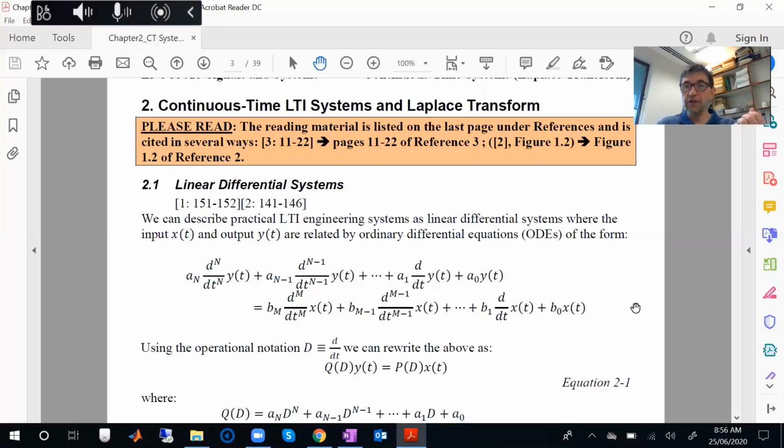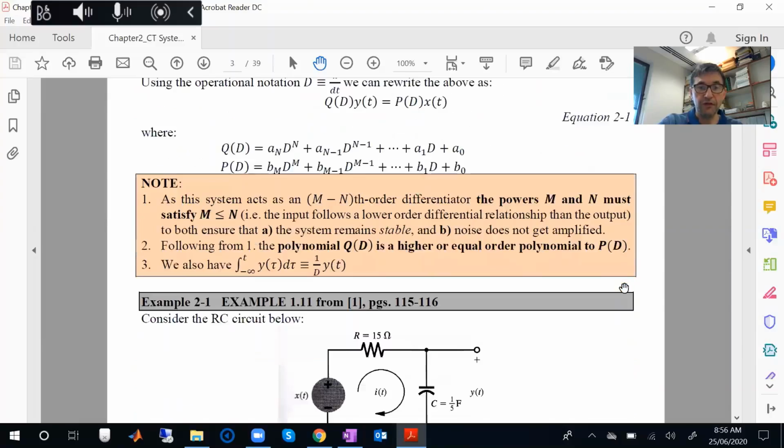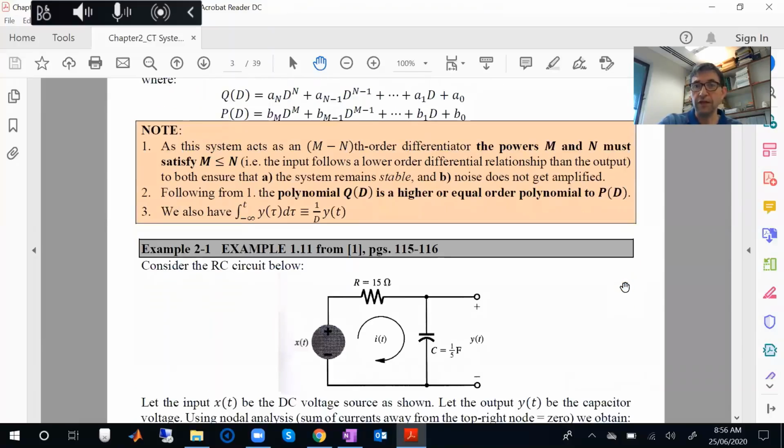Systems consisting of resistors, capacitors, inductors, and excited by voltage sources, current sources. These are the inputs. And where you measure things like voltages and currents, these would be your outputs. So the best way to appreciate this, if you haven't had a chance to do that already, is let's look at the very simple circuit. So I'll jump ahead to the first example, and then I'll go back and generalize what we have just done.